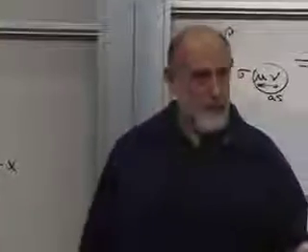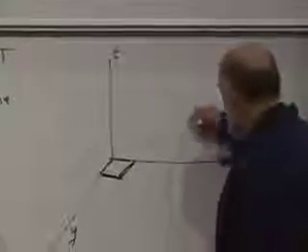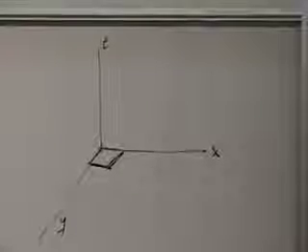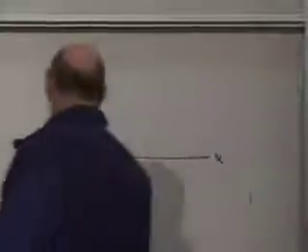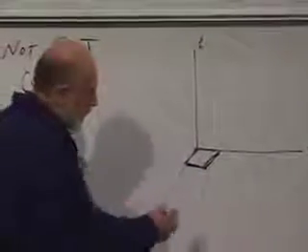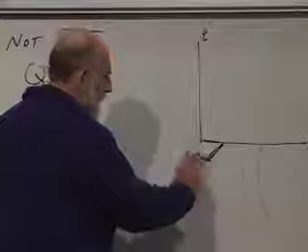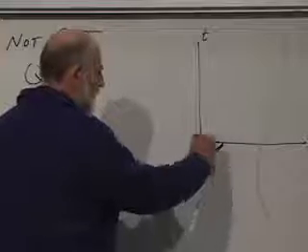Charges don't disappear. Charges are conserved. A charge moving around in space-time is just a world line that never begins and never ends because charges don't come and go. And now we can imagine asking how many charged lines, how much charge passes through this box.